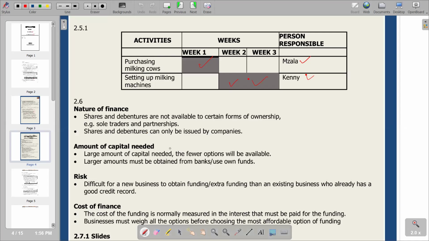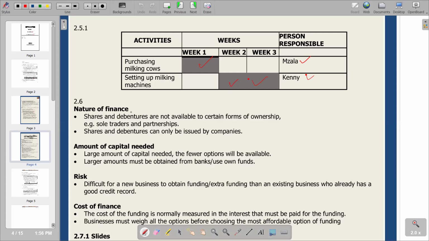Going to the other sections, the first factor that we have is the nature of finance. Some sources of finance, like shares and debentures, are not available to certain forms of ownership. If you are a sole trader, you cannot use shares and debentures as sources of finance because a sole trader doesn't issue shares. In a partnership, they don't issue shares either.